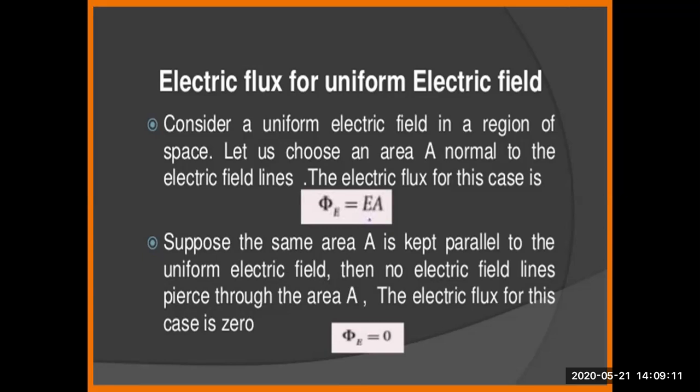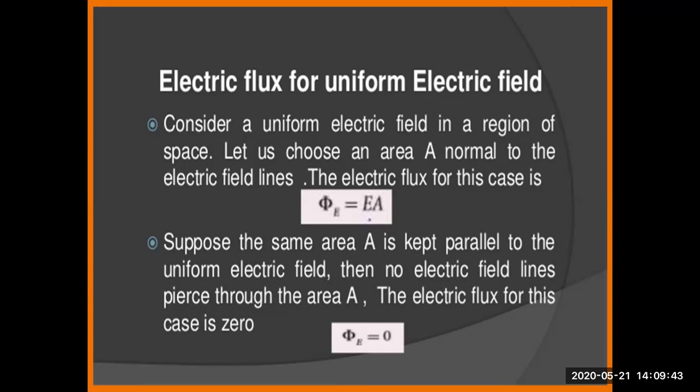The position is the same, but you are just putting the plates parallel to the lines. Very thin plates are placed not perpendicular but parallel, so the lines are not penetrating.